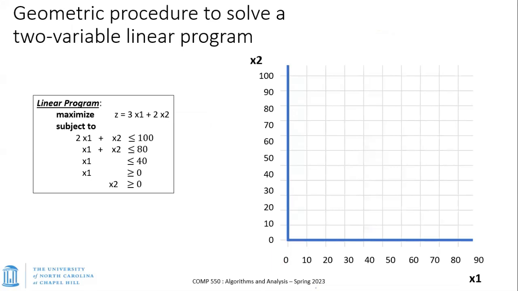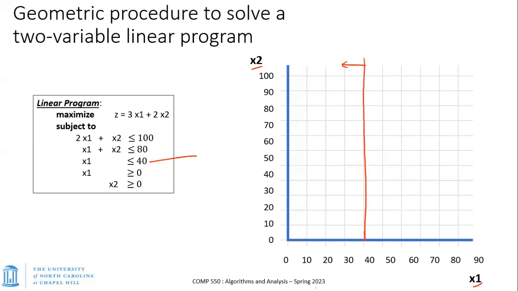Okay, so can somebody help me show these equations on this particular graph? The simplest would be this one over here, so let's start with that. X1 is on the horizontal axis, X2 is on the vertical axis. We're saying X1 has to be less than or equal to 40. So clearly there's a line over here, and this is the region that is an acceptable solution.